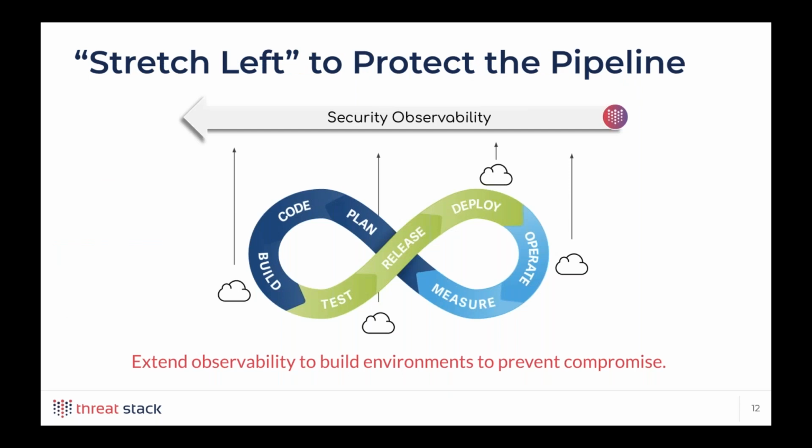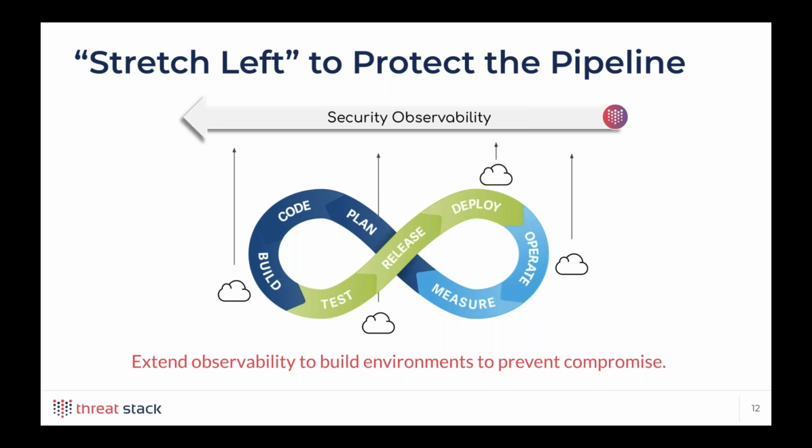So how do we view this problem at Threat Stack? I'll introduce this notion of security observability in a moment. But if we go back to our infinity loop diagram that represents DevOps, each of the stages in that build pipeline has infrastructure that underpins it, from production to build environments, test environments, and even deployment.